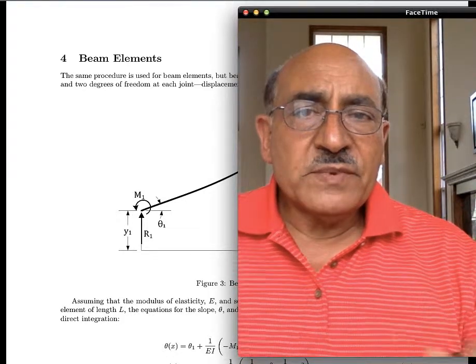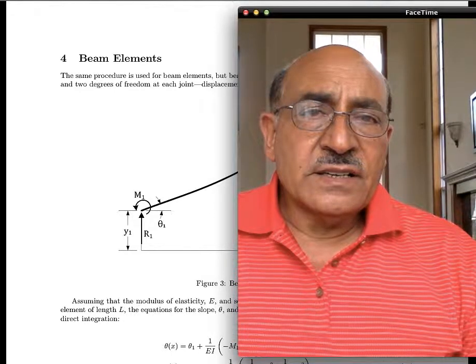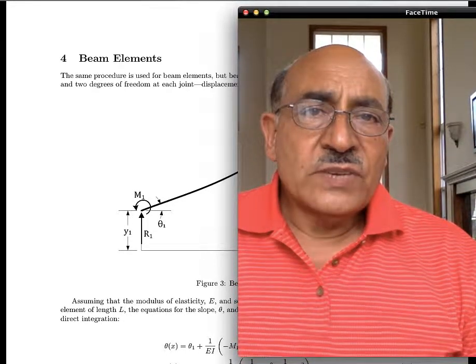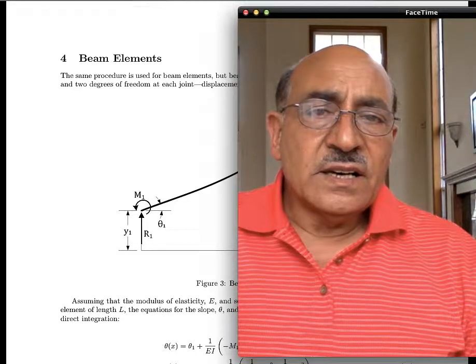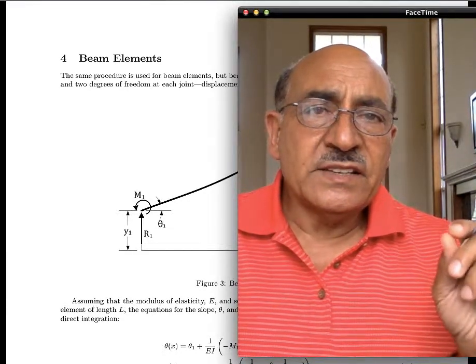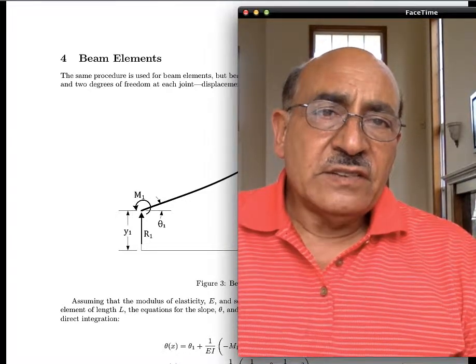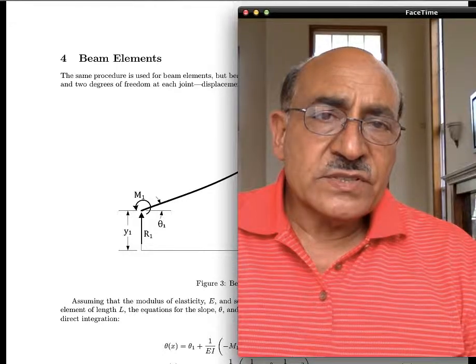So the beam element method that is presented here is such that we can only assign forces and moments at the end nodes. In other words, in between, we don't assign any values of these forces or moments.